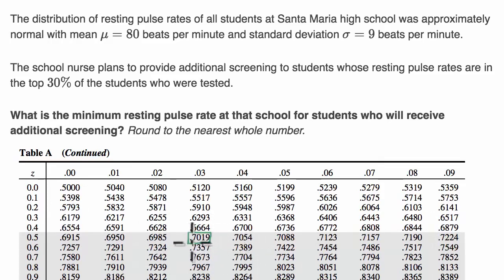It's at 0.7019, so it definitely crosses the threshold. And so that is a z-score of 0.53. 0.52 is too little. So we need a z-score of 0.53. Let's write that down.